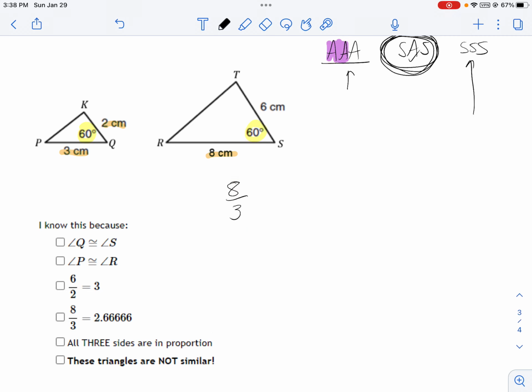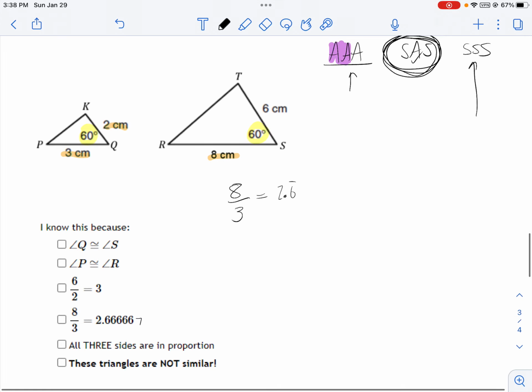You'll notice that in our list of reasons below, it looks like it goes large over small, so we're going to do the 8 over 3 today. That would be your first proportion. So 8 divided by 3 is 2 and 2/3, about 2.6 repeated. This should be a 7 at the end.